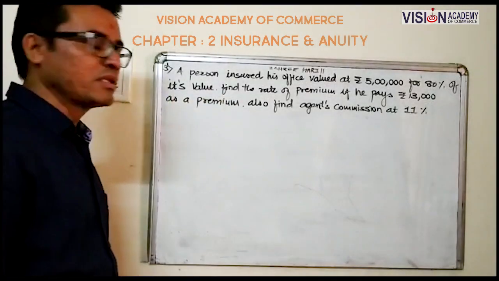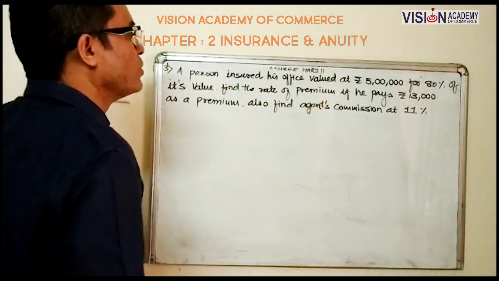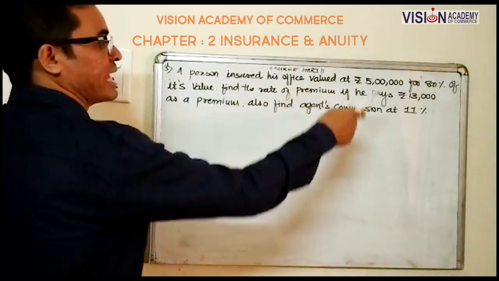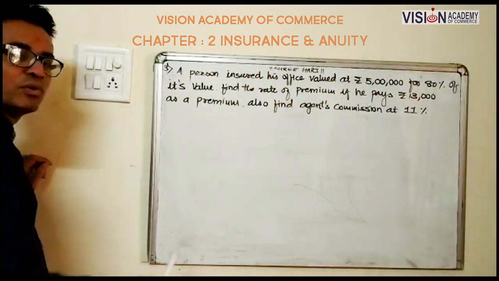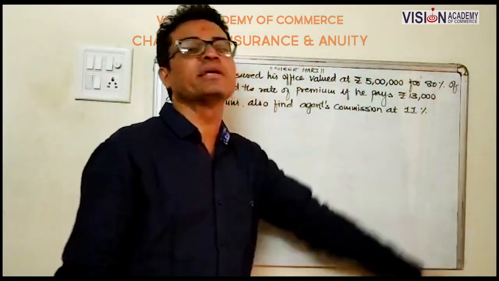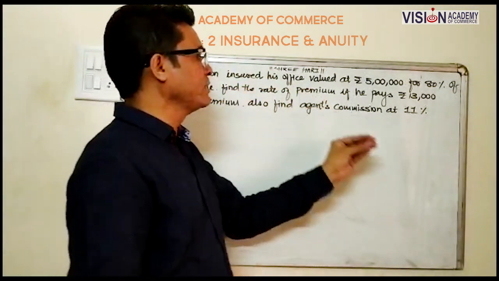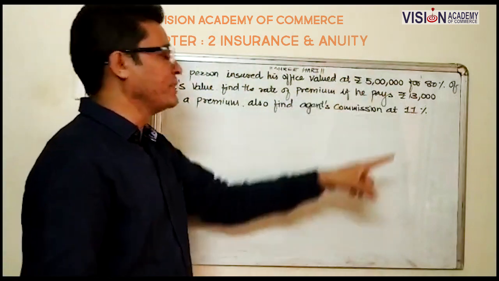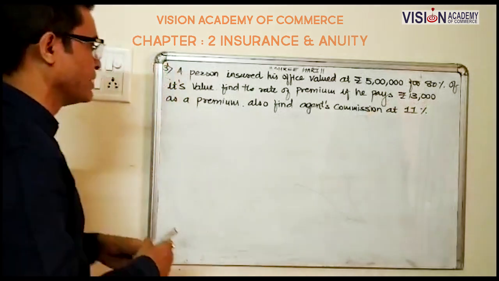Your question number 3: a person insured his office valued at rupees 5 lakhs for 80%. 80% is the policy amount, 80% of its value. Find the rate of premium if he pays rupees 13,000. In this question we are given the premium amount, but we want the rate of premium, and also find the agent's commission at 11%.